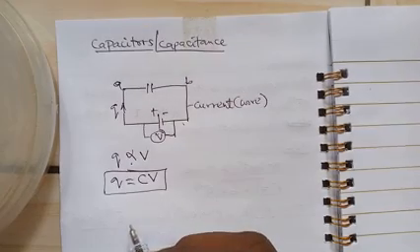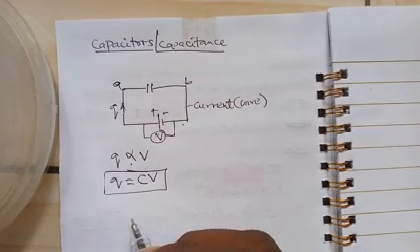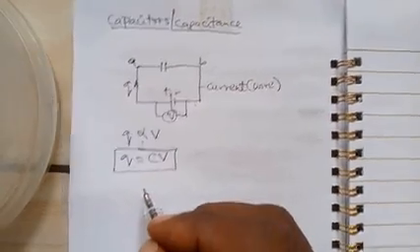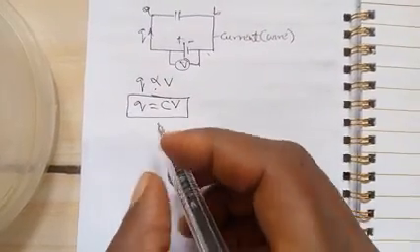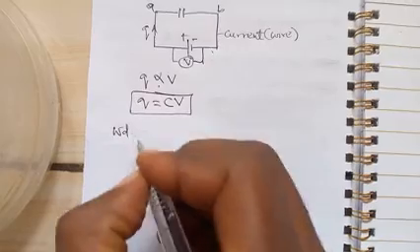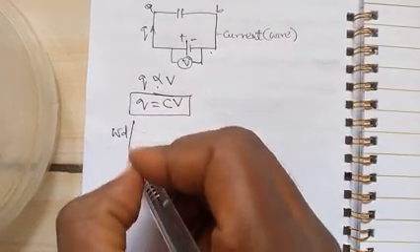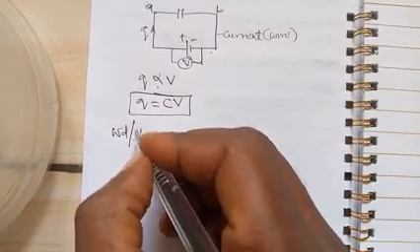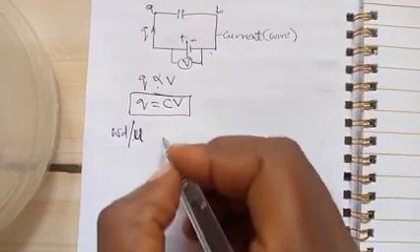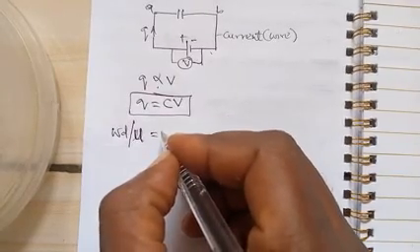Now, energy that is stored in a capacitor is also known as work done. Let's use U as energy. It is given as QV.